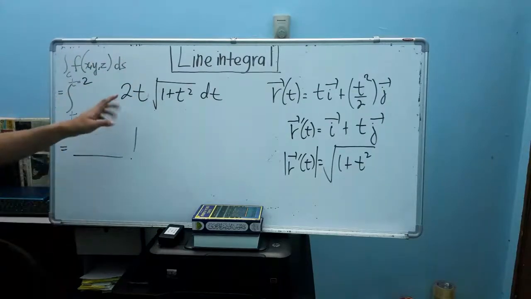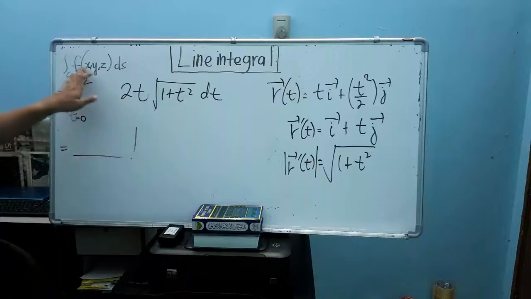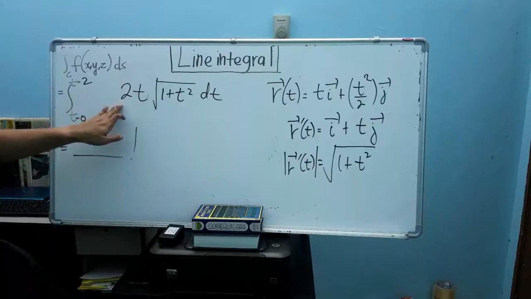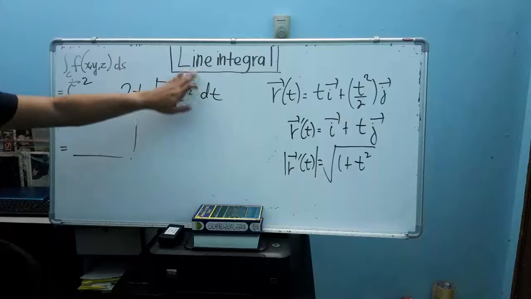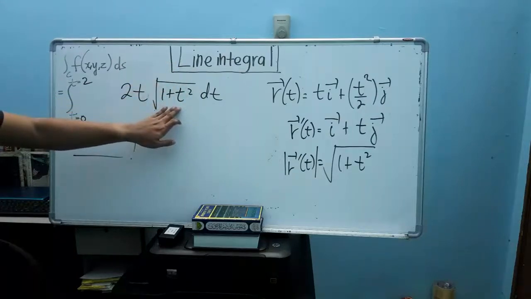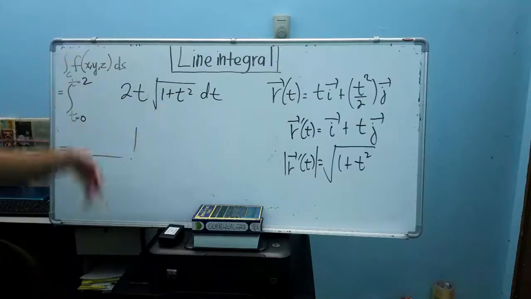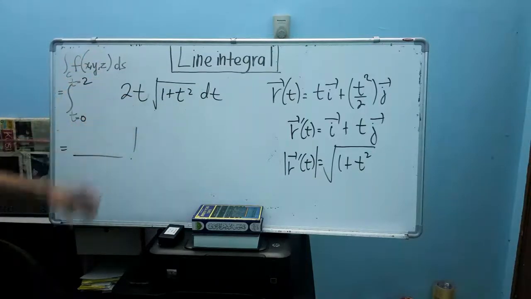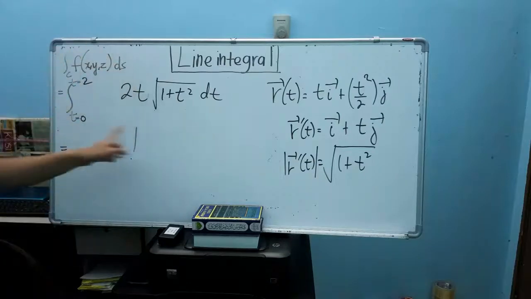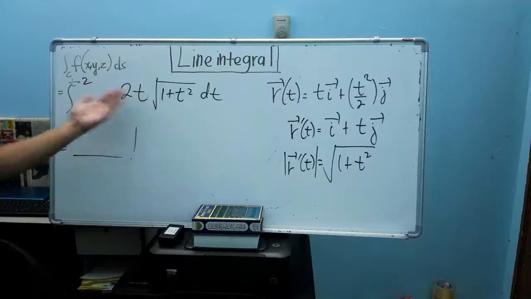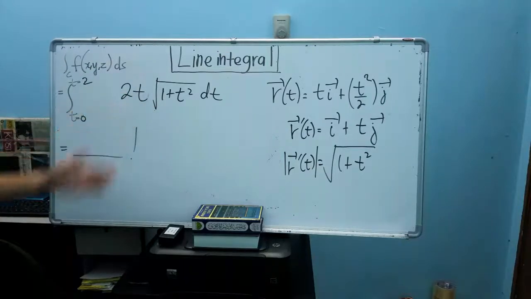You need to know how to find the limit of integration, how to find f(x(t), y(t), z(t)), and how to find the magnitude of r prime t. After you found the whole thing, you can just substitute into this formula and integrate as usual. This is just a single integration, and then you get the final answer.